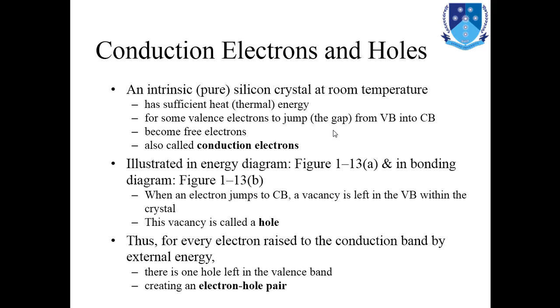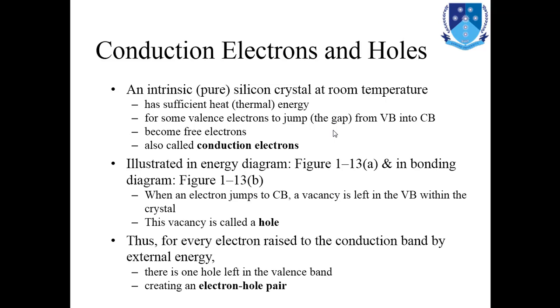As we discussed in the previous slide, at absolute temperature the conduction band is empty, but at room temperature, where we have some heat energy, some valence electrons will gain the heat energy and jump from the valence band to the conduction band, and they will become free electrons.